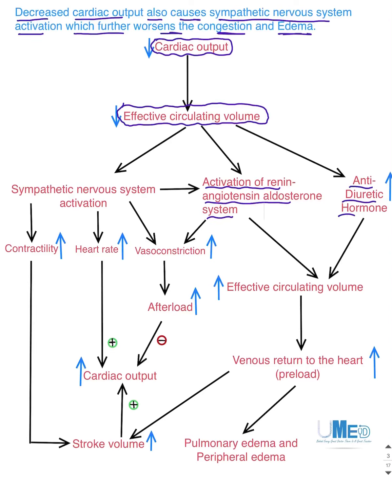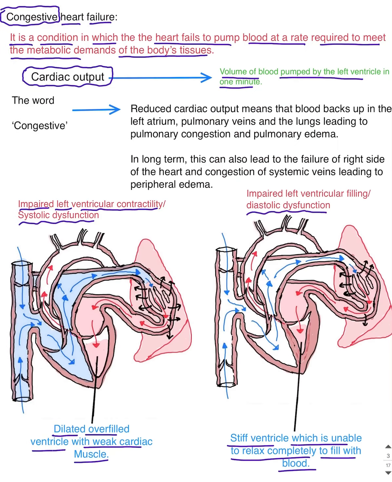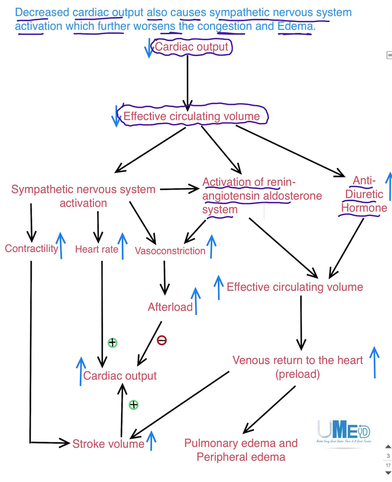Obviously, whenever the effective circulating volume decreases, antidiuretic hormone is released by the posterior pituitary gland. So because of both the activation of the renin-angiotensin-aldosterone system and increased antidiuretic hormone, the effective circulating volume will increase, and there will be increased venous return to the heart, that is preload. So there will be increased preload.